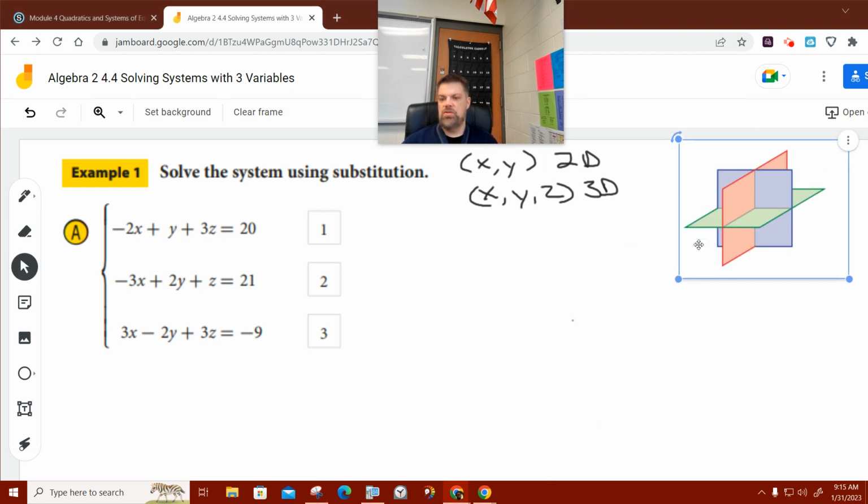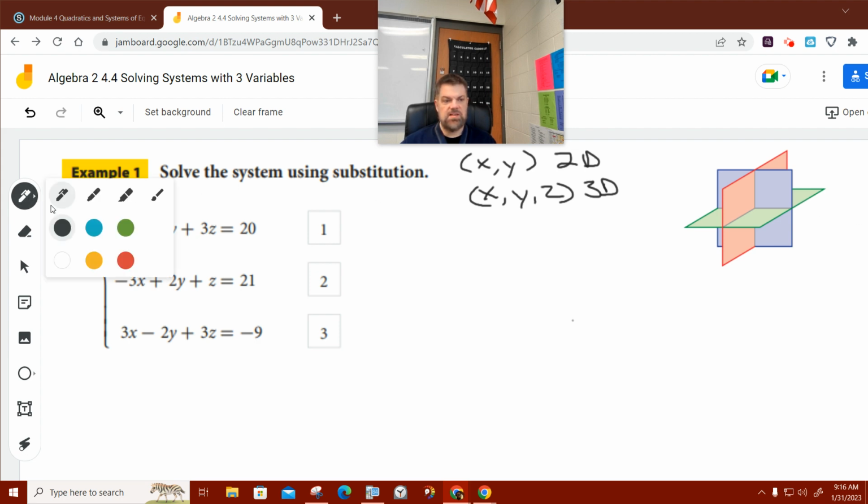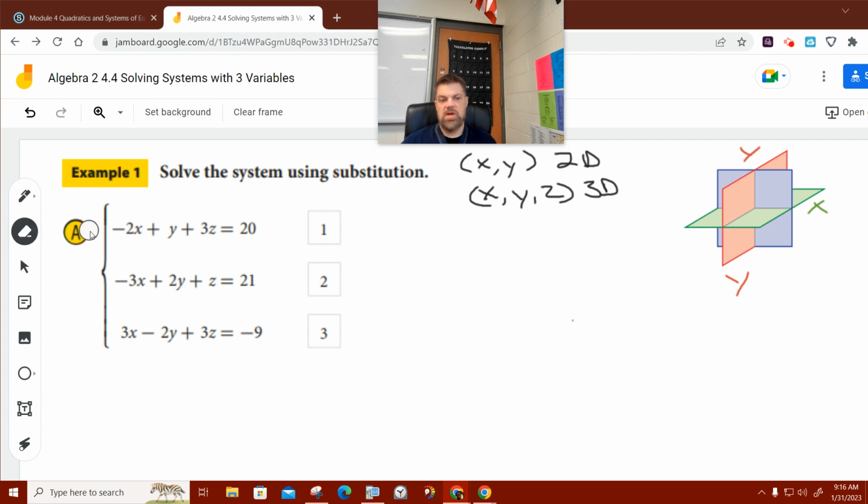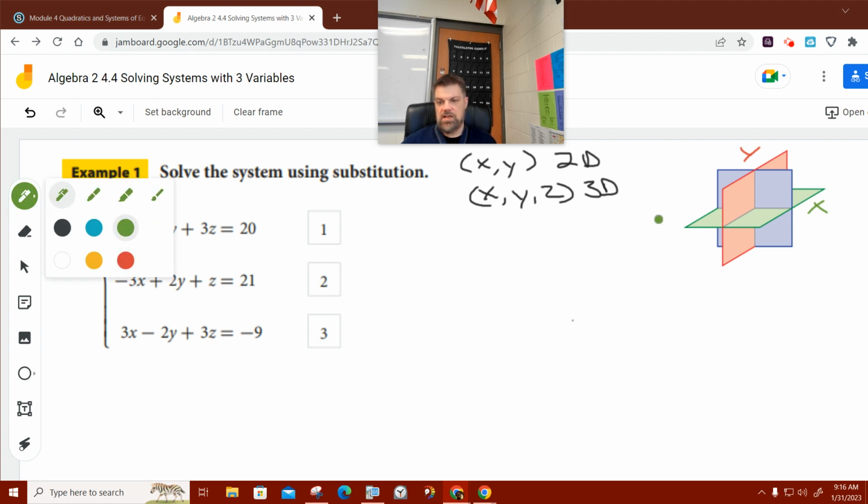You guys are used to there being an x value, so the green thing will be x. We'll say the red thing is like the y values. We're used to y values. And then to add the depth, that would be your z values, okay?